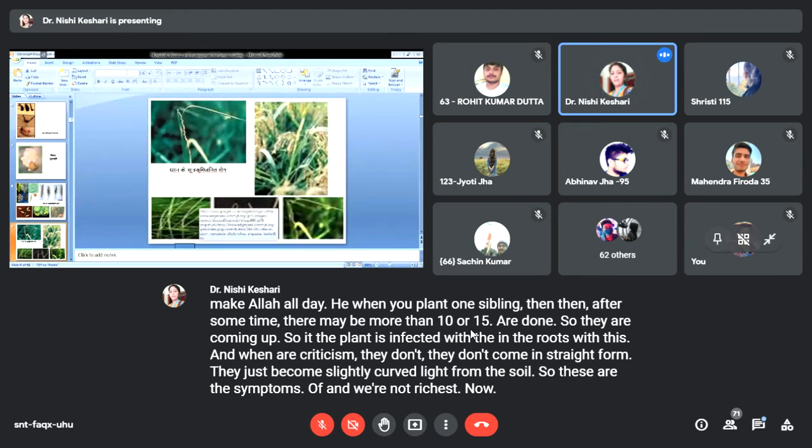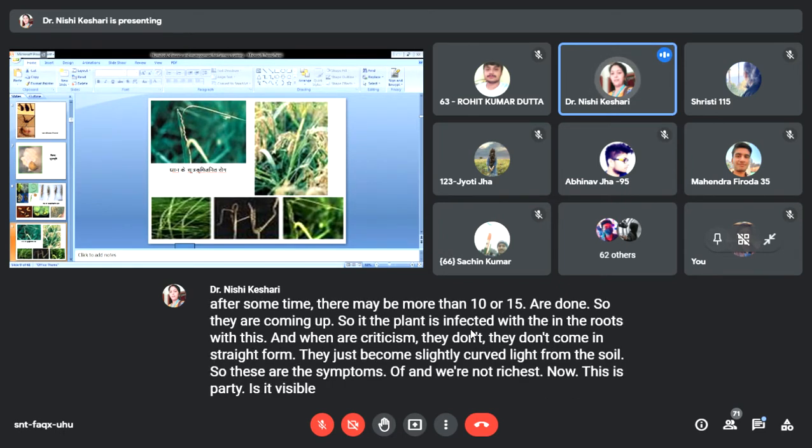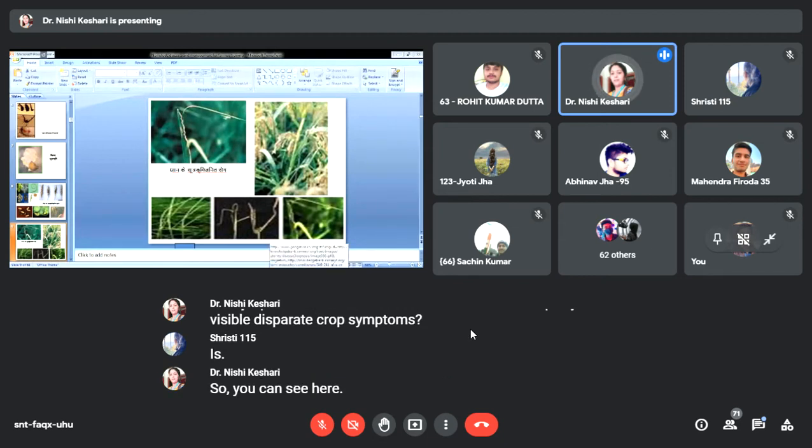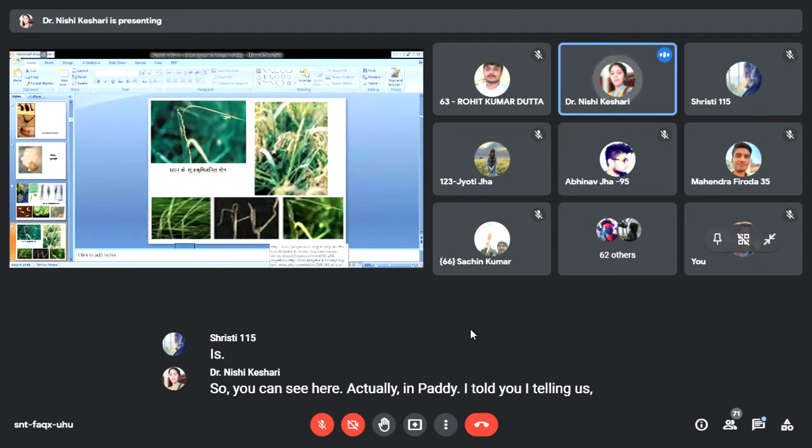Now, this is paddy crop. Is it visible? This paddy crop symptoms? Yes, ma'am. So you can see here, actually in paddy, I told you Ditylenchus, Anguina and Aphelenchoides.